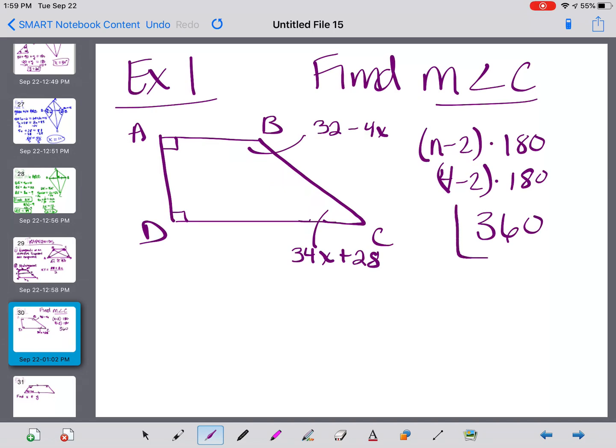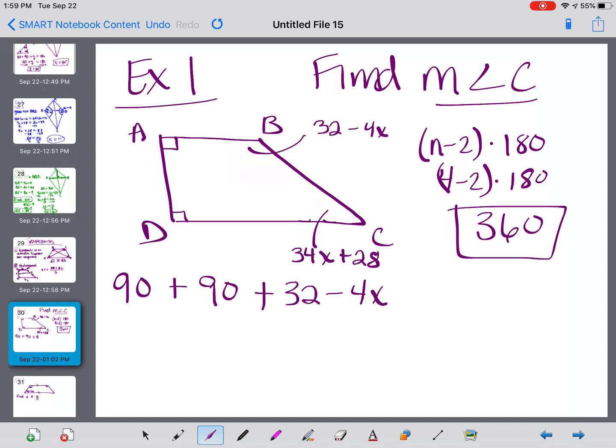In a four-sided figure, the angles add up to 360 degrees. We have two right angles, so we know this is 90 plus angle B, which is 32 minus 4x. We can add angle C, 34x plus 28, and it's going to equal 360 degrees.